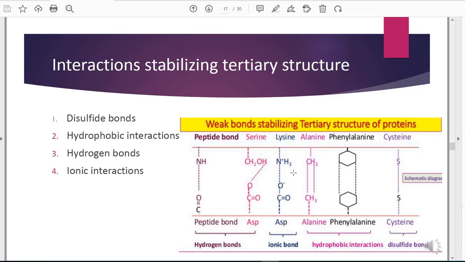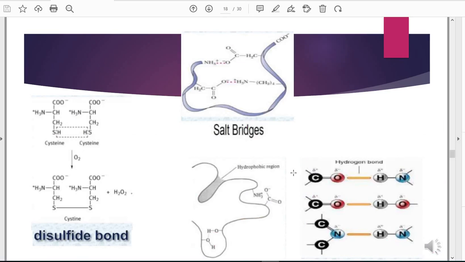These are the four types of bonds in the tertiary structure. Let's see another figure. This is the hydrogen bond between the amide nitrogen of one peptide bond and the carboxylic group of another peptide bond.